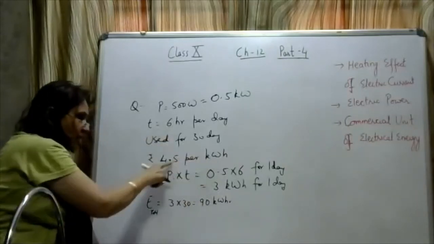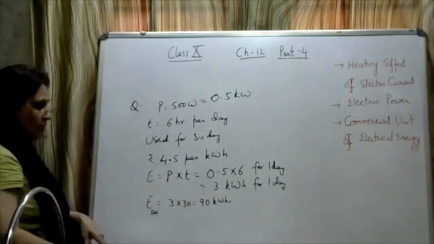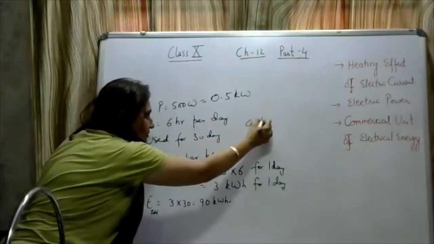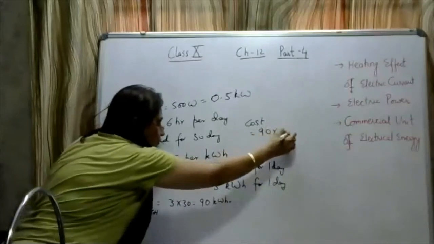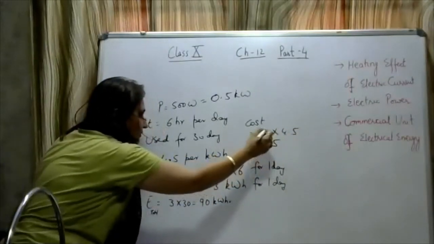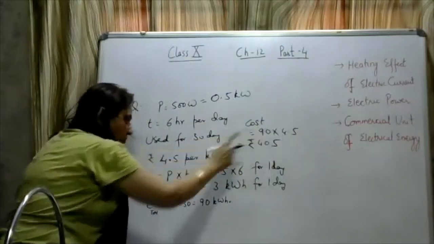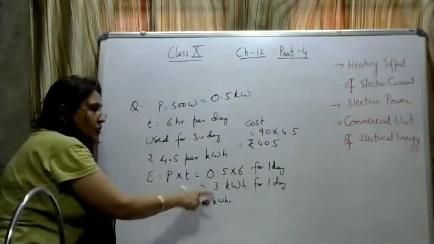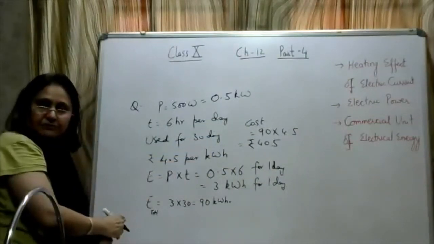Now 1 kilowatt hour costs 4 rupees 50 paisa, so 90 kilowatt hour will cost 90 kilowatt hour into 4.5, which is equal to 405 rupees. Why? Because 1 kilowatt hour costs 4.5 rupees, so 90 kilowatt hour will cost 90 into 4.5, that is 405 rupees.